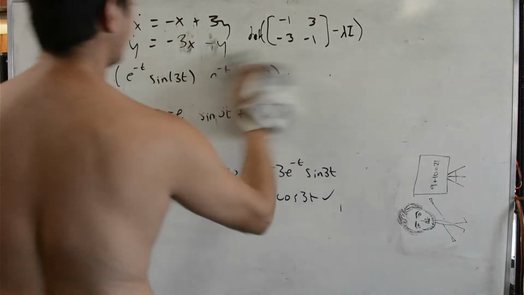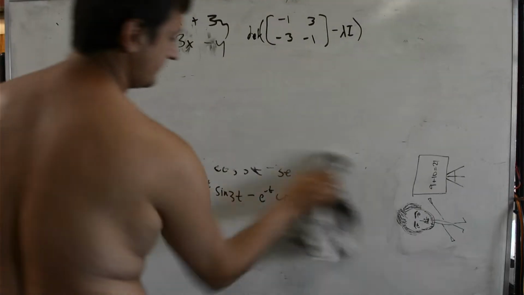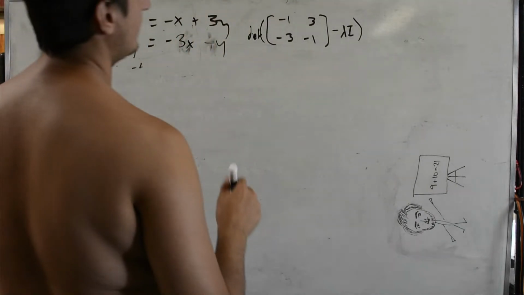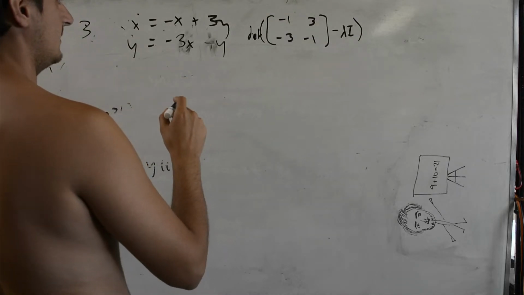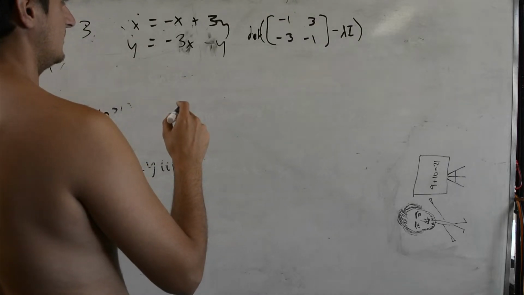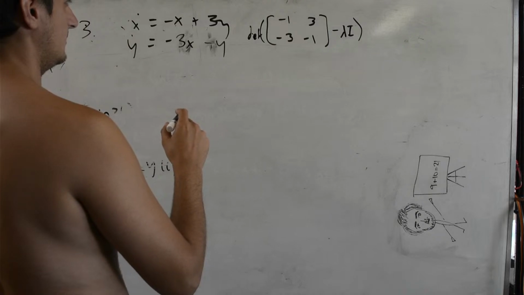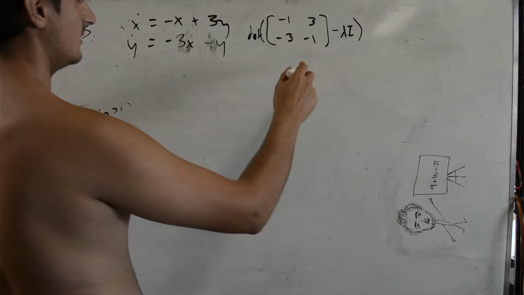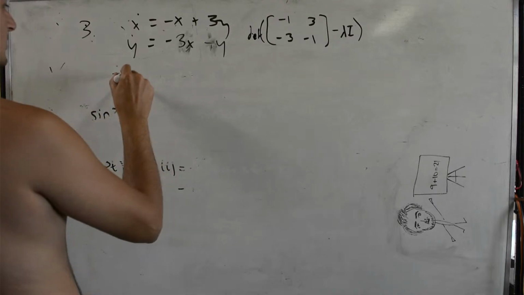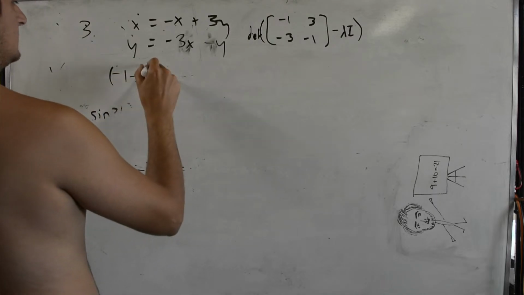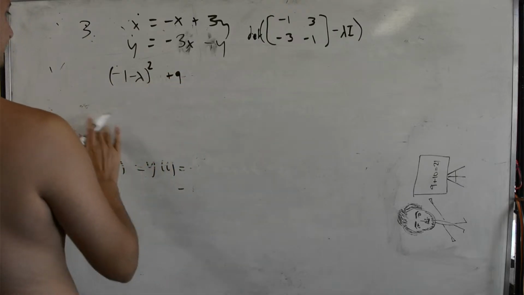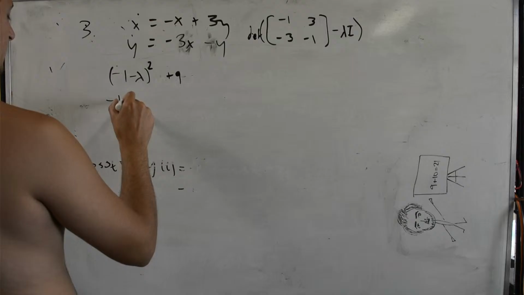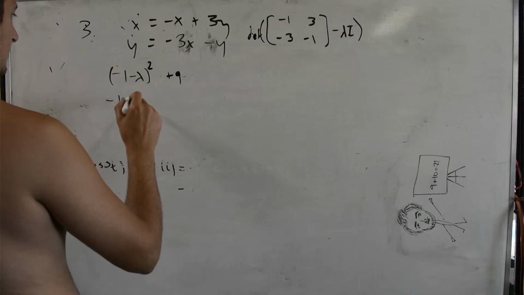We verified that that was a solution, but now we want to look at the eigenvalues. Okay, so (-1 minus lambda) squared plus 9.